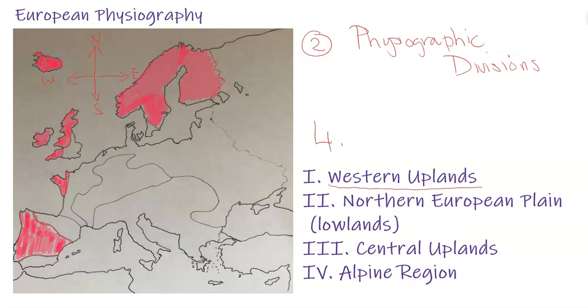Now, just like with North America, where I discussed the Canadian Shield, which is Precambrian, very old, 4.3 billion year old exposed rock, Europe has a similar formation, a similar shield or craton, that is actually around this area right here. And it's called the Fenno-Scandinavian Shield.